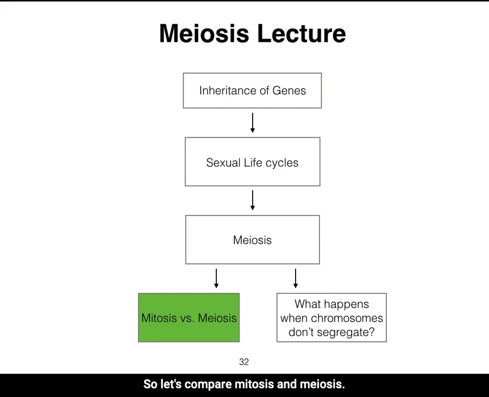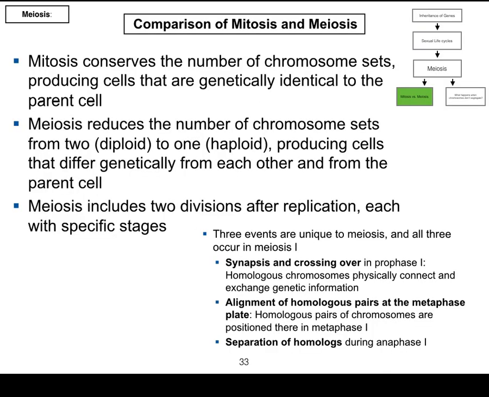So let's compare mitosis and meiosis. Mitosis conserves the number of chromosomes in the cell and produces cells that are genetically identical to the parent, and does so in one division. Meiosis does not.